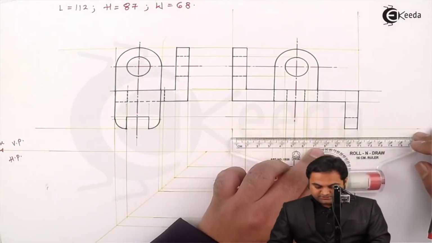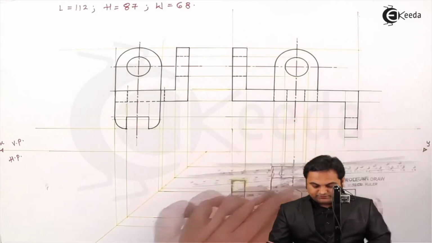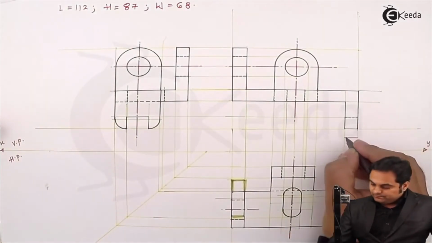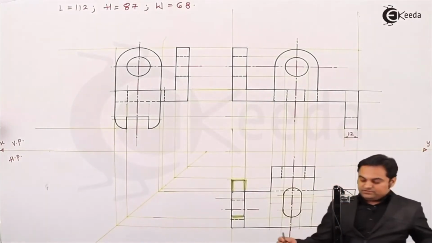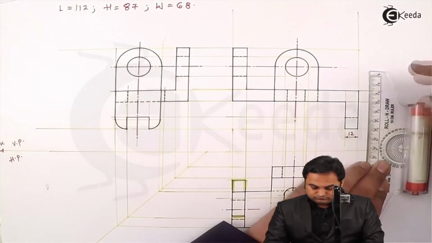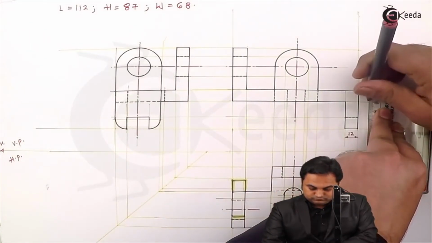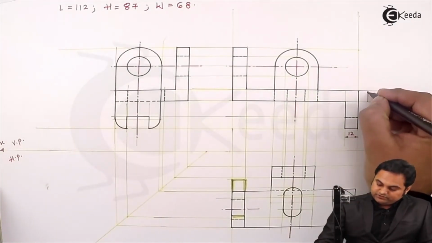Dimension lines are medium dark, so I'm using red color for medium dark lines. 12 is the length. 12 is the height of this plate.